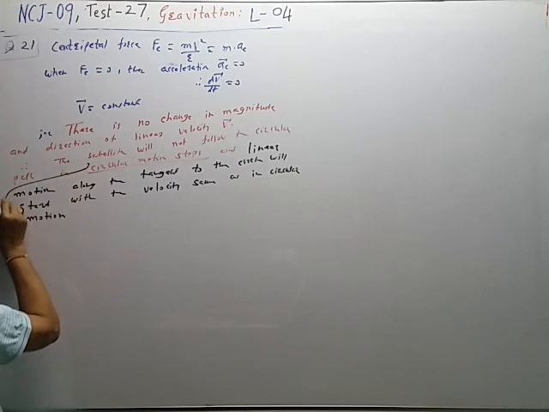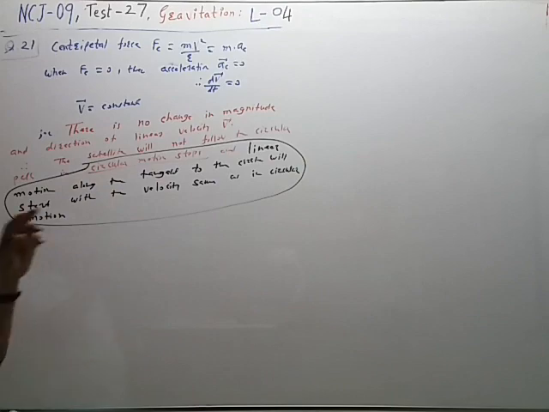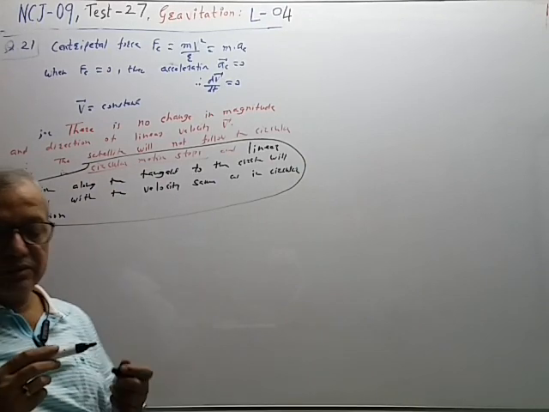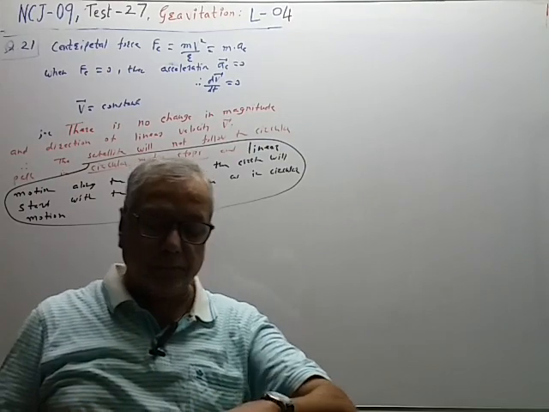So circular motion stops and linear motion along the tangent to the circle will start. Therefore, the correct choice is B.